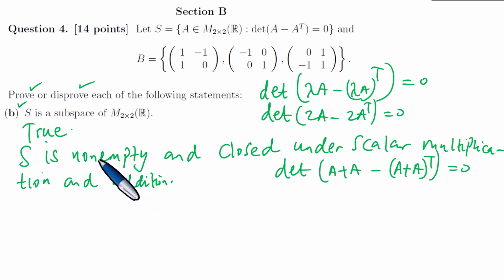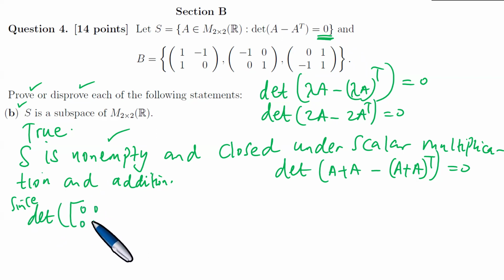But now there are more details. Why would you say it's non-empty? Because it contains a zero matrix. How do we know? Because the zero matrix has determinant 0.